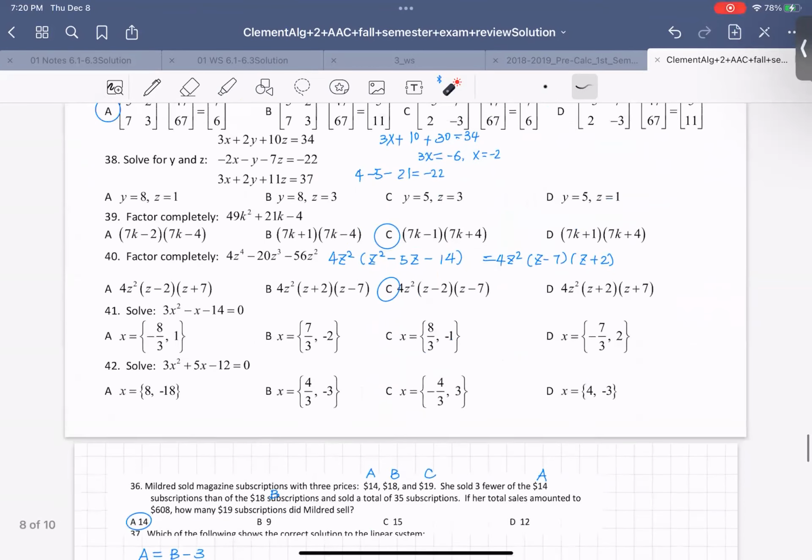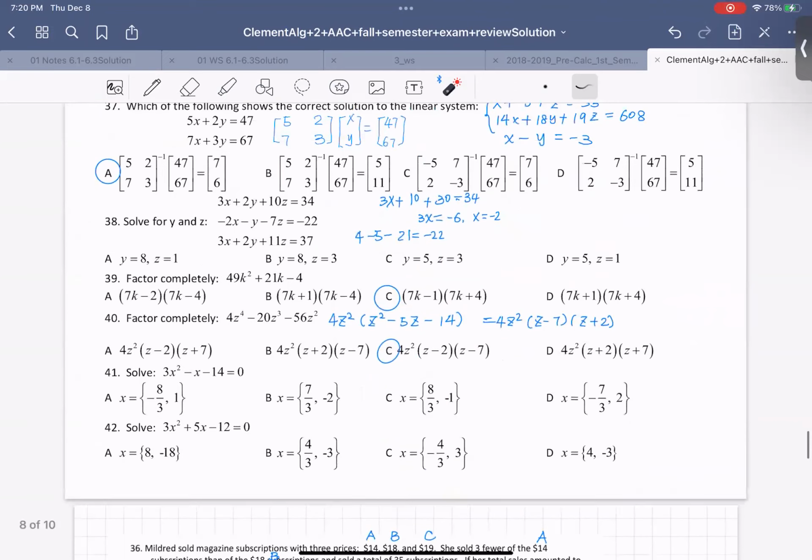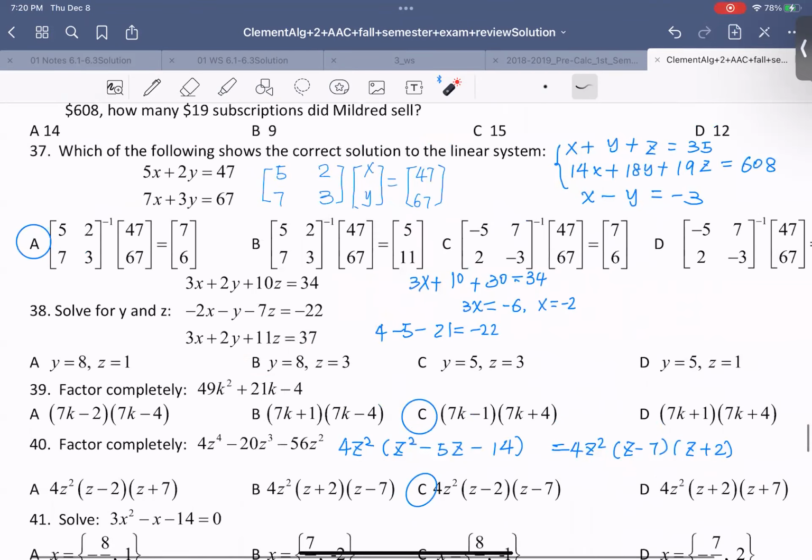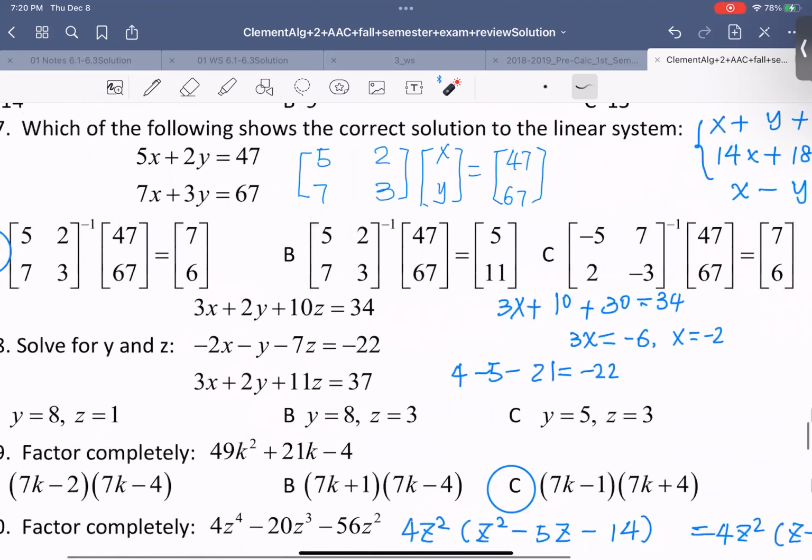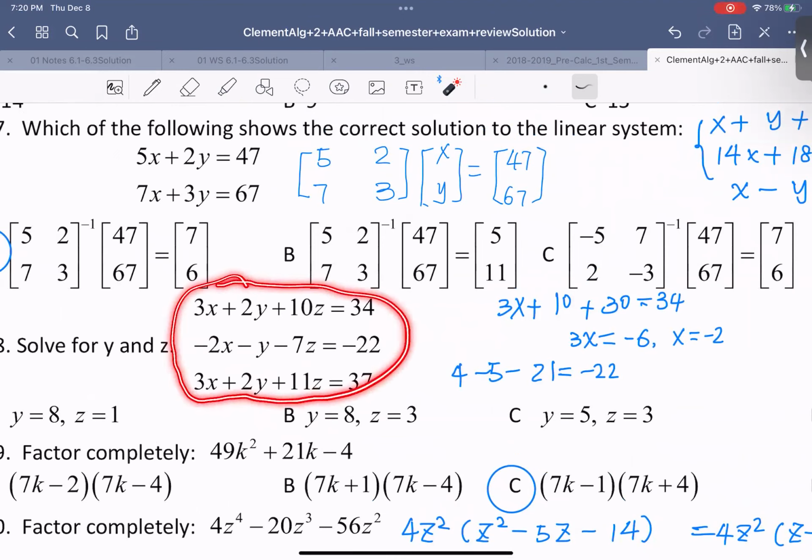Next. Look at this. Okay, go ahead. Solve this one. This time, I want y'all to do the matrix method. Solve this one by matrix. Let's see if we have some student who can do this by hand using a matrix.